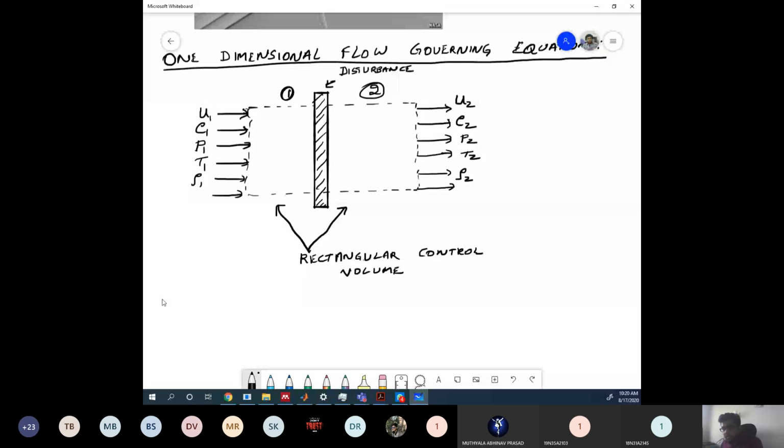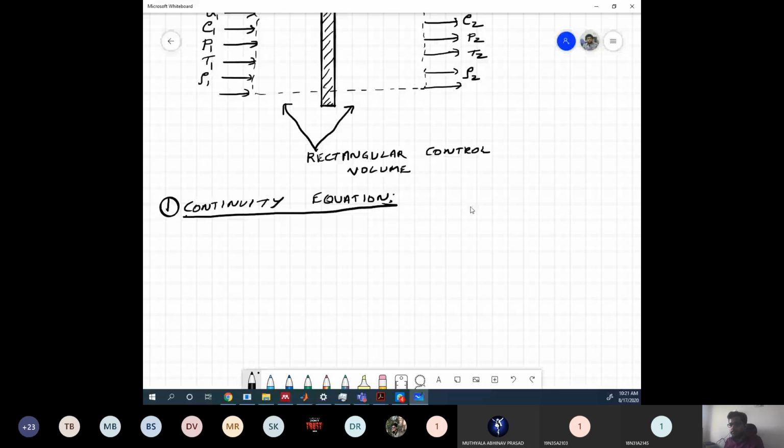Now what we'll do is we'll start bringing in the equations one by one. So now we'll start with continuity. We'll try to bring the one-dimensional form of the continuity equation. Obviously, the first thing you need is to recall your continuity equation in integral form.